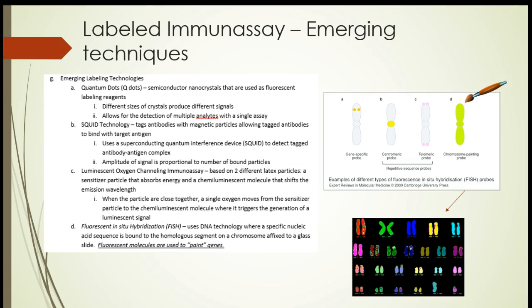And then finally, fluorescence in situ hybridization. This is a really cool technique where DNA technology is used to look for a specific nucleic acid sequence. In essence, the fluorescent molecules are used to paint the genes. So I have a little paintbrush up here showing the fish. Okay, so it doesn't look like a fish. It's a chromosome, actually.